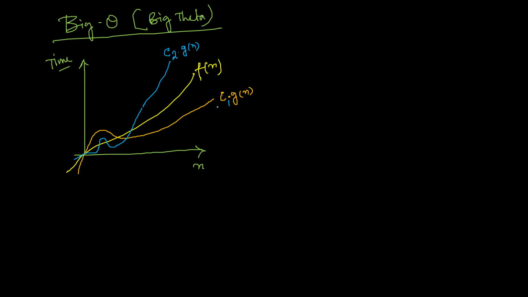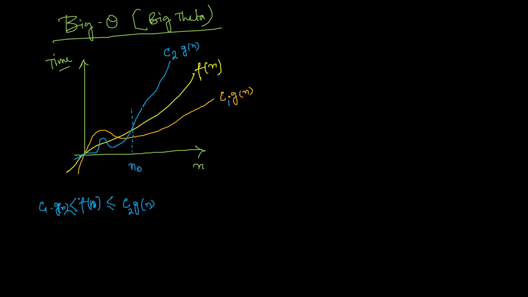So if a situation happens something like this, and this is your n0, because if you write n0 here, then it will not be true. So what we can write is that we have f(n) in between, and f(n) is less than or equal to C2 of g(n), but greater than or equal to C1 of g(n).